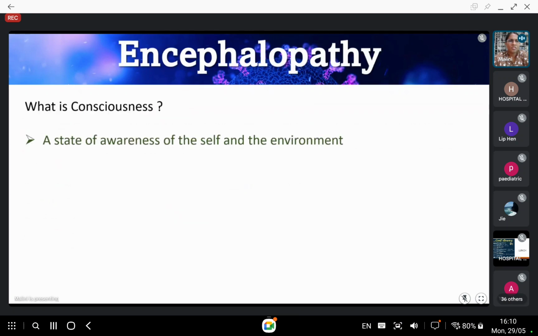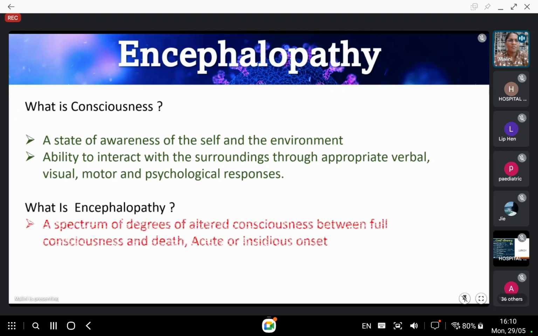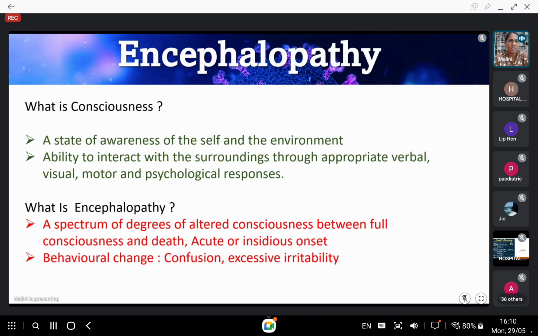What is consciousness? It is a state of awareness of self and environment, and the ability to interact with the appropriate verbal, visual, motor, and psychological response. Whereas encephalopathy is a spectrum of degrees of altered consciousness between full consciousness and death, and can be acute or insidious in onset.